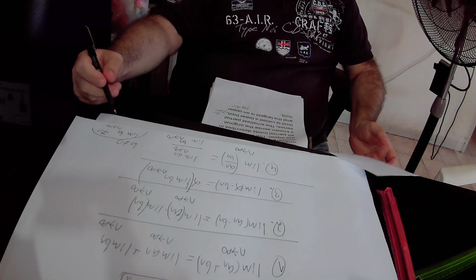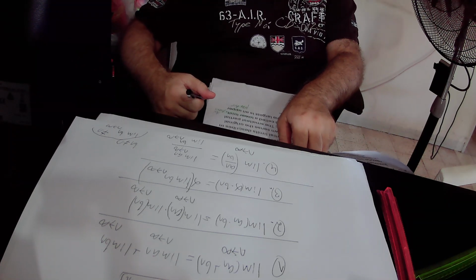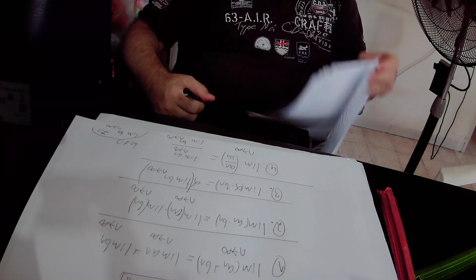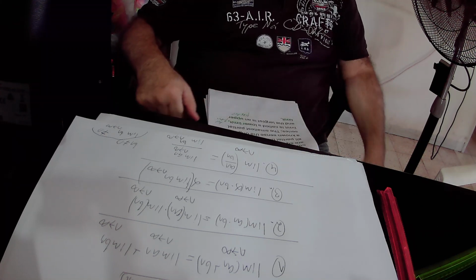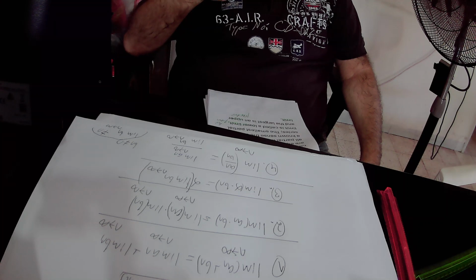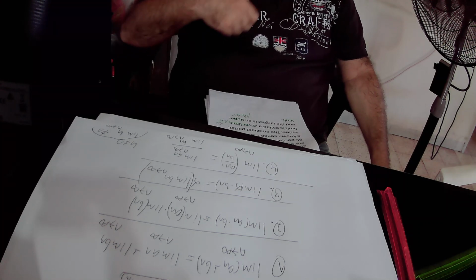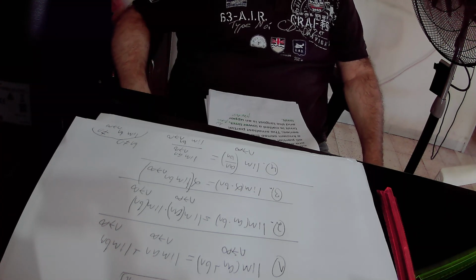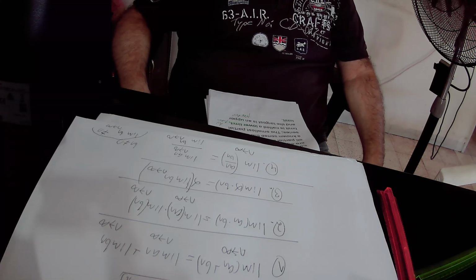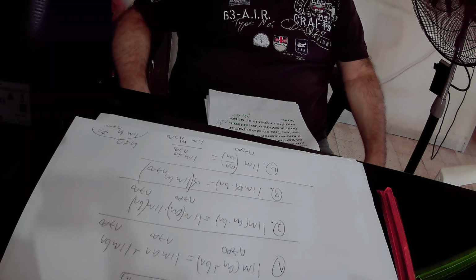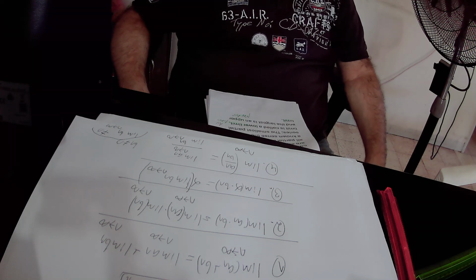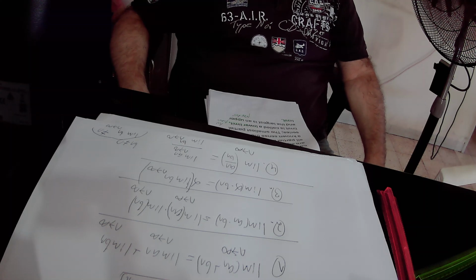Okay, and we have another rule. A limit of a subsequence is called a partial limit of the original sequence.